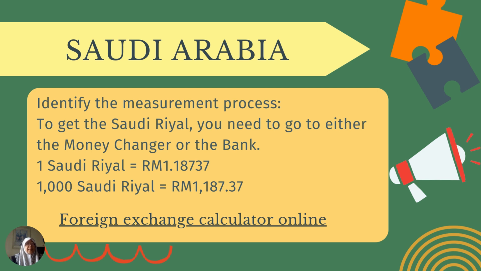So if you want to bring 1,000 Saudi riyal, that means you have to give the money changer 1,187.37 ringgit. You can also use the foreign exchange calculator online to double check your calculation.